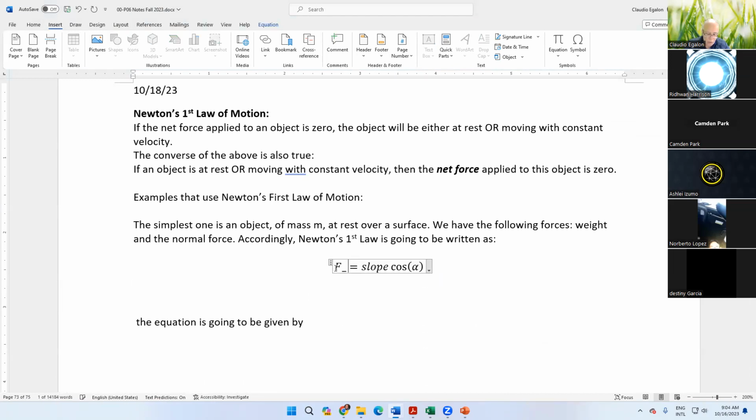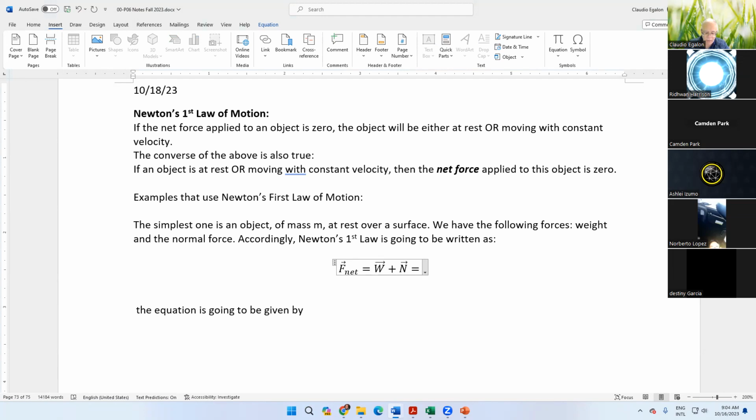Net force. Oh, I forgot to put the vector symbol, right? Net force is equal to weight plus normal. Okay?